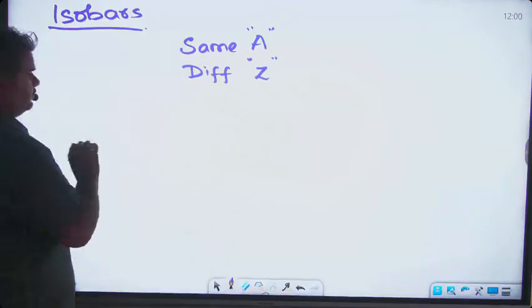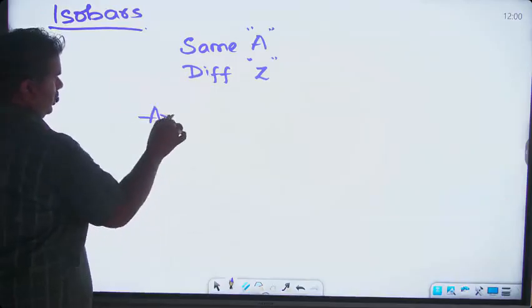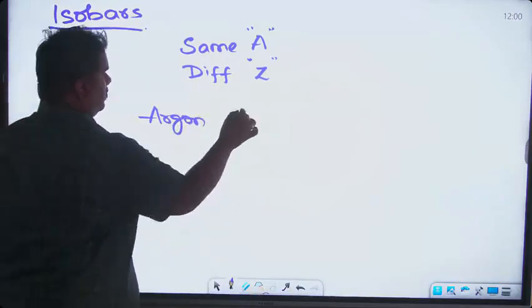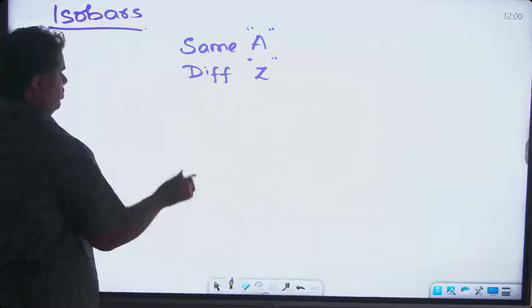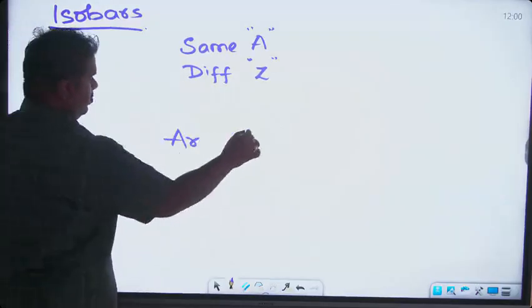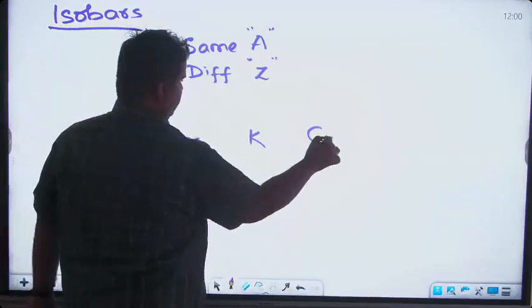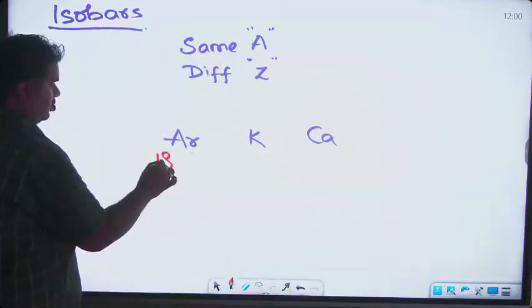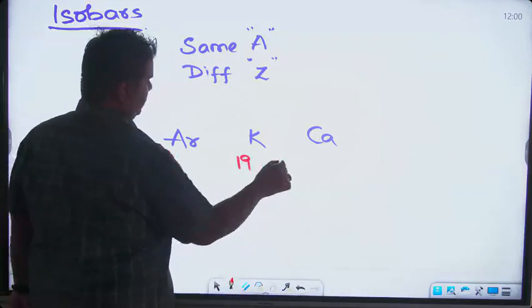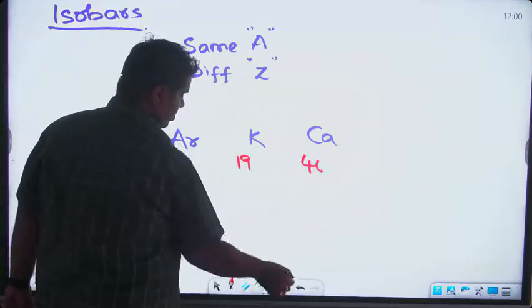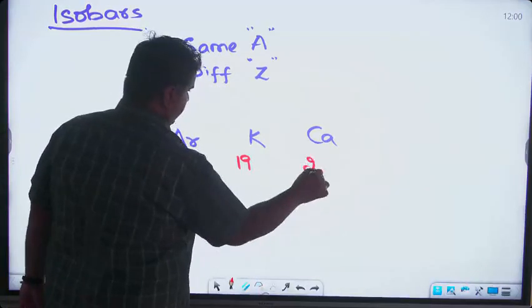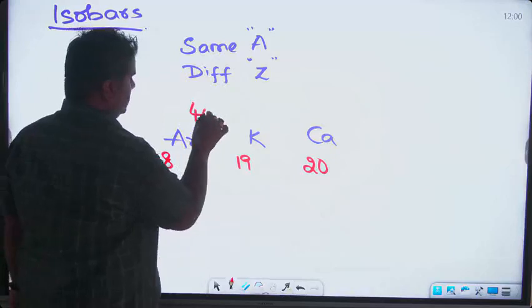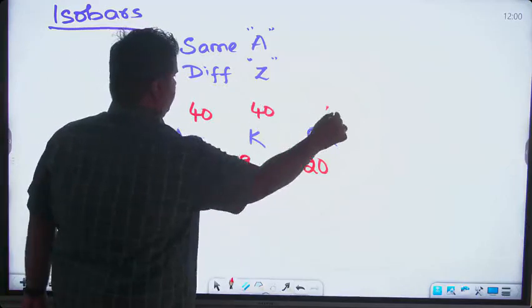Example, argon, potassium, and calcium. If you talk about the atomic numbers, argon's atomic number is 18, potassium's is 19, calcium's is 20, but their atomic masses are 40, 40, and 40.